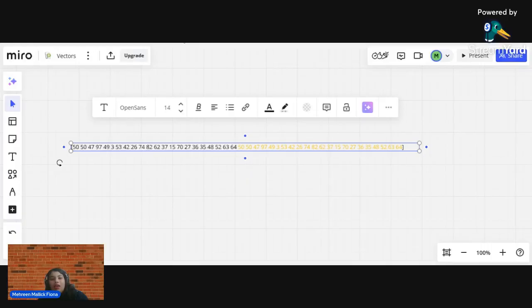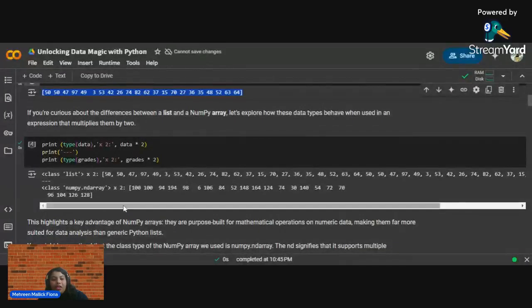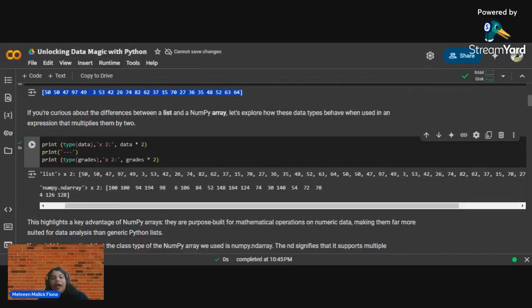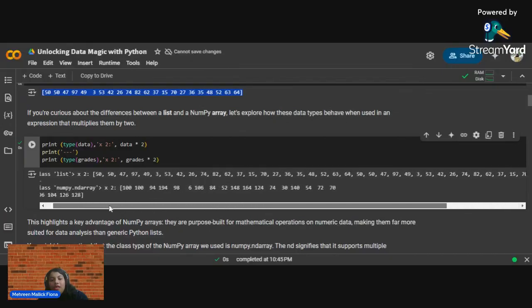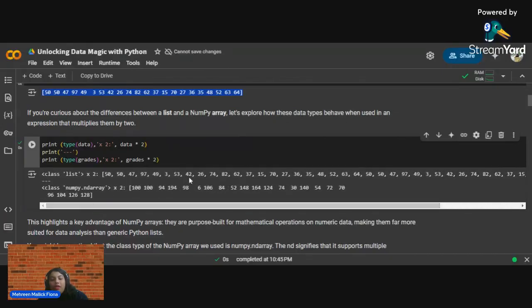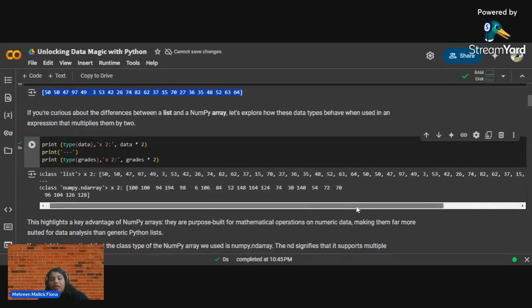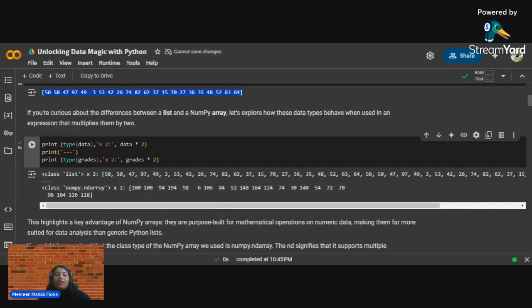But in the case of an array, you would see that the value I wanted, 50 times 2, is 100, so it is giving me that value. In the case of a list, we won't get such values. With an array, we get our desired output, multiplying all the entries inside by 2, which is a big advantage of a numpy array. They are built for this purpose.